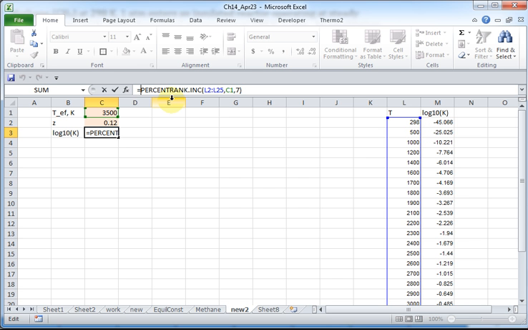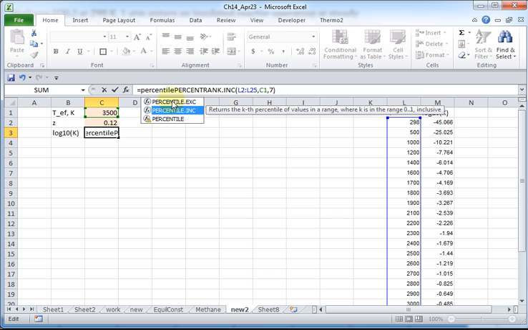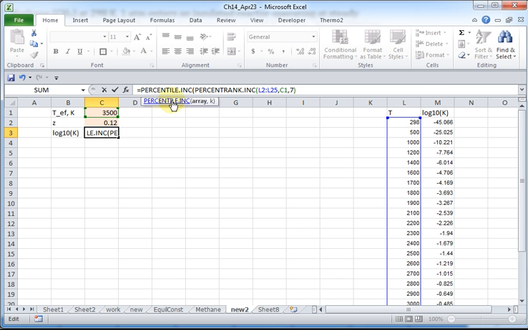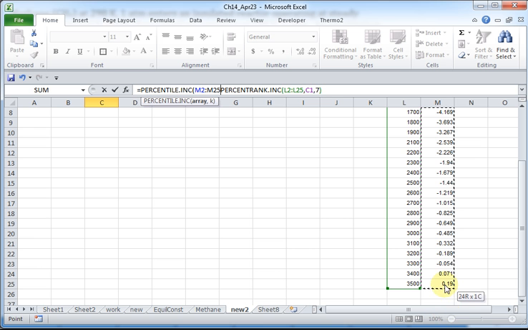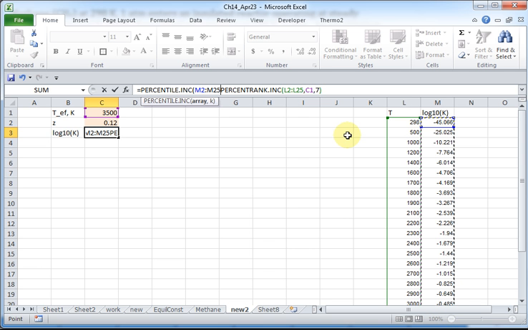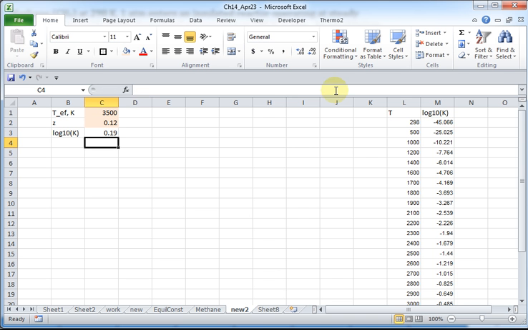So it took me a while to figure out, with some Google searching, PERCENTILE.INC, inclusive, of the array, this is the array that I want the value back out of, comma, given k, which is that input. And so if I get 3,500, it returns 0.19. Let me click over here for some digits. 0.190. Let's check it.